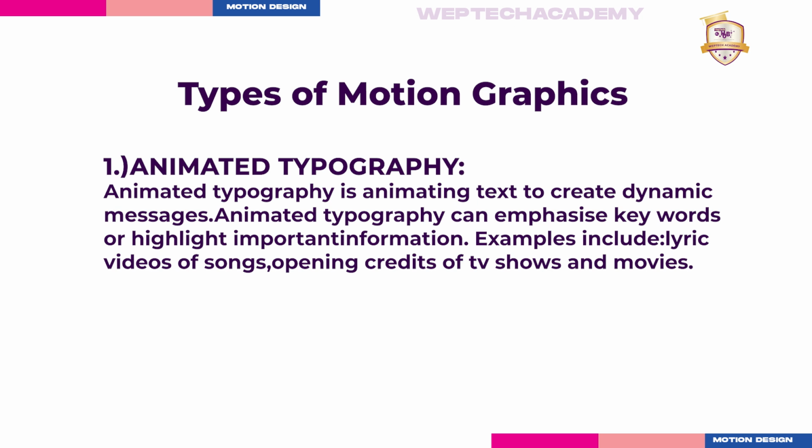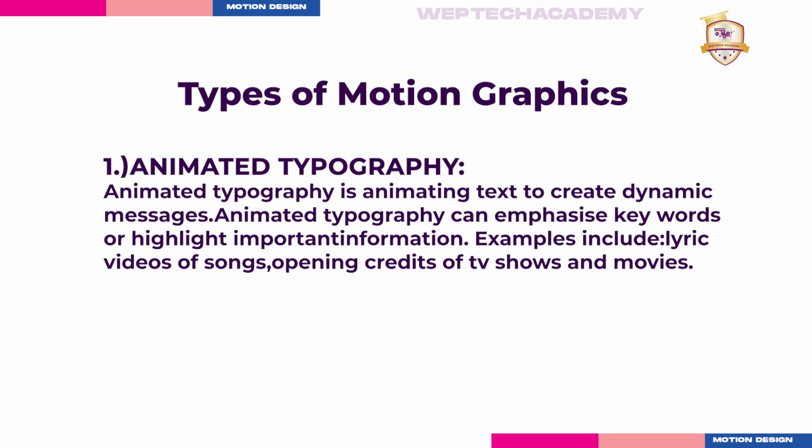The first type of motion graphic I want us to look at is animated typography. Simply put, animated typography is animating text to create dynamic messages. That is simply taking normal text and animating it, giving it motion, in order to create a dynamic message.